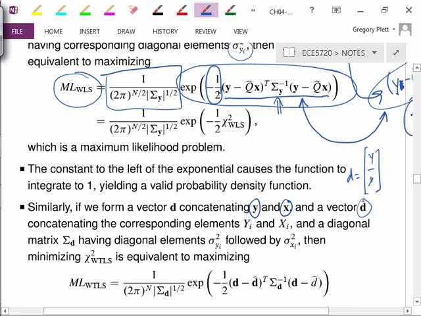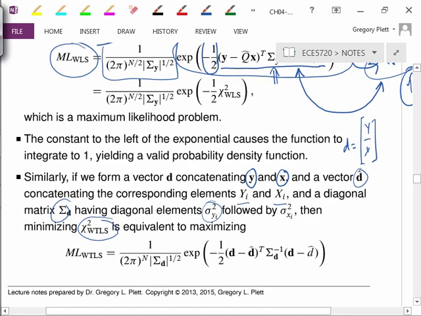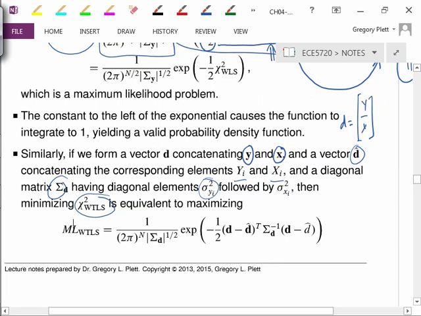And we have a D hat vector which has all of the capital Y and X stuff concatenated together. And we have a sigma D matrix which has diagonal elements sigma y squared followed by sigma x squared on the diagonal. Then going through the same kind of steps, we say that minimizing the weighted total least squares solution is equivalent to maximizing this Gaussian PDF.